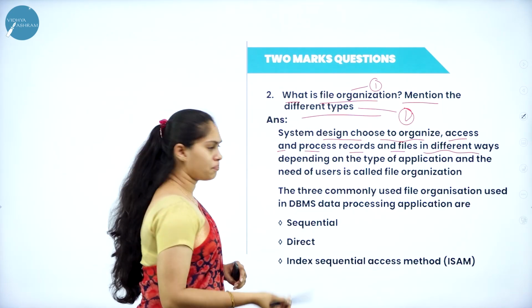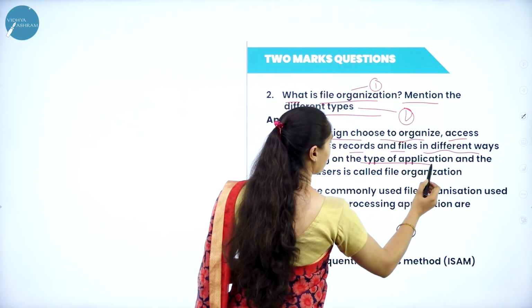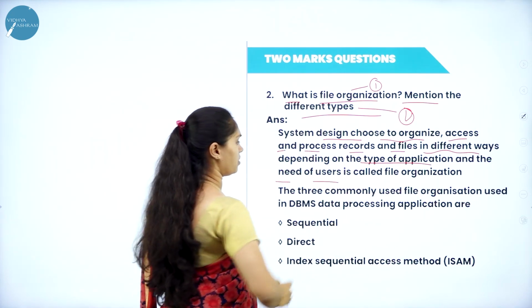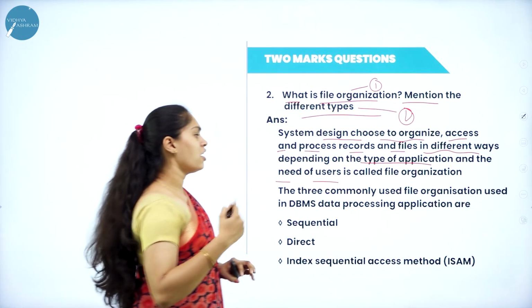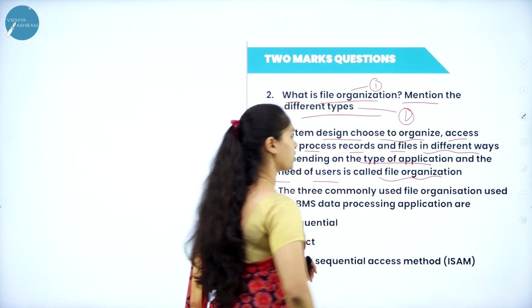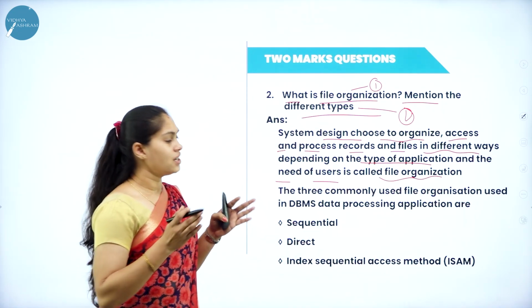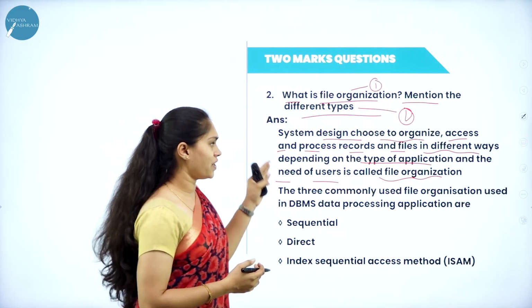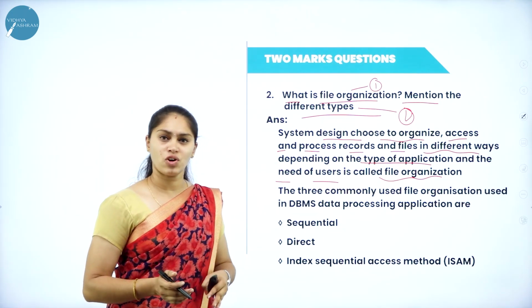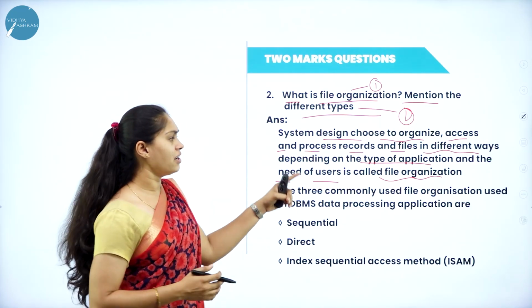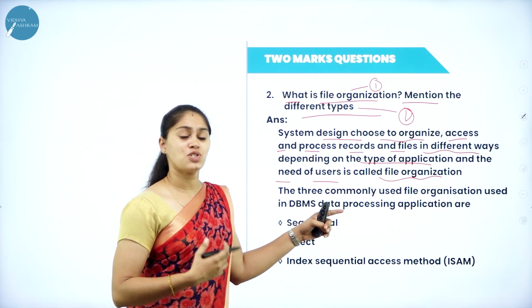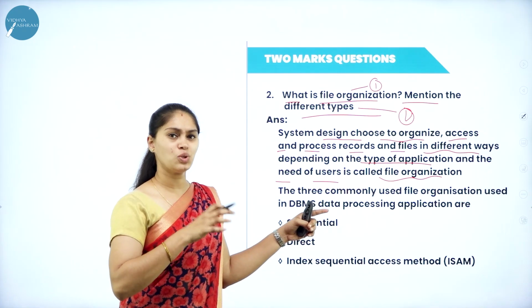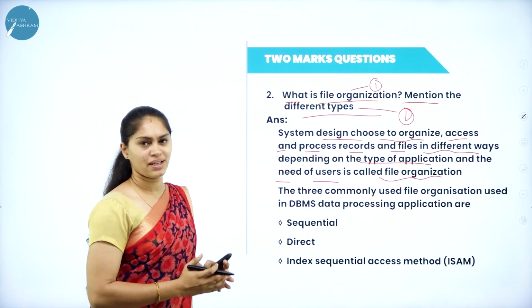That depends upon the type of application and the need of the user. That is considered file organization. It allows us to access and process the records as well as the files, based on the type of application and the requirement of the user. That means who the user is and what kind of application they want.